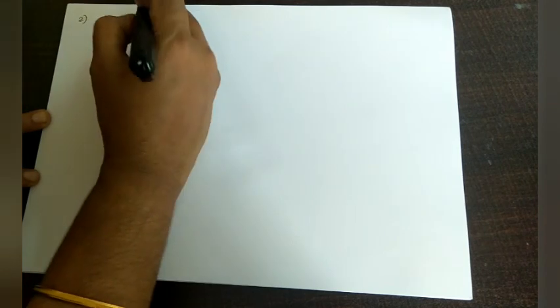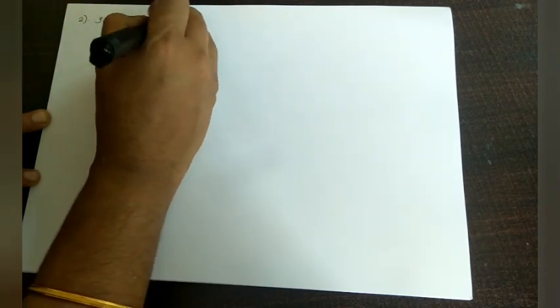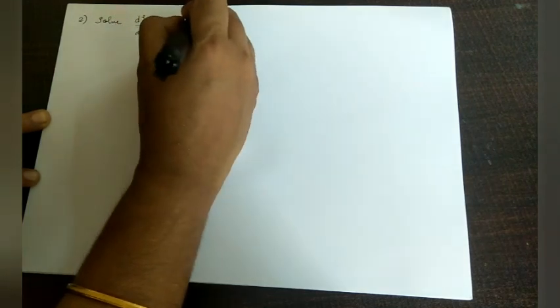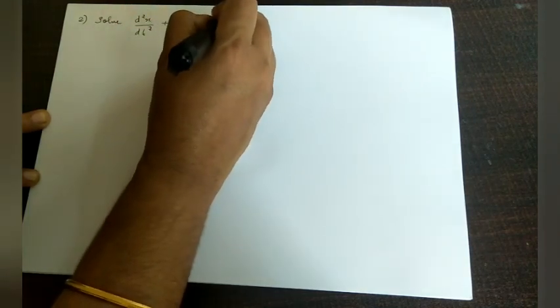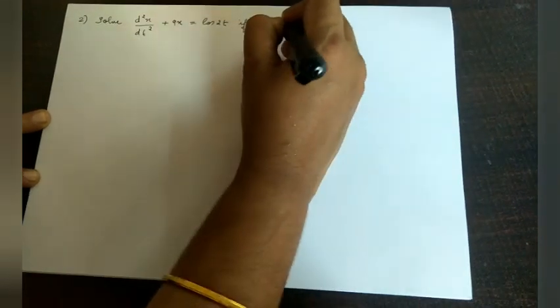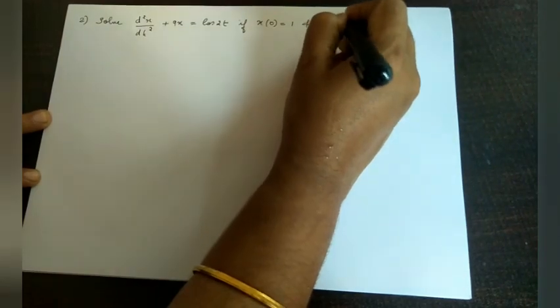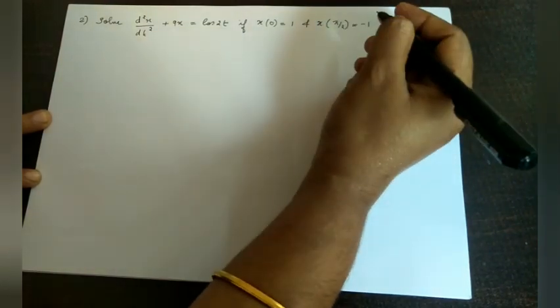Let's solve d square x by dt square plus 9x is equal to cos 2t, if x of 0 is equal to 1 and x of pi by 2 is equal to minus 1.